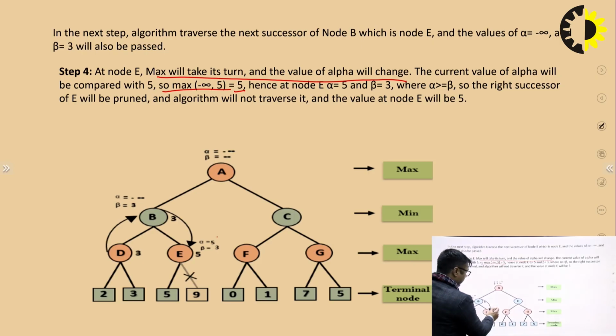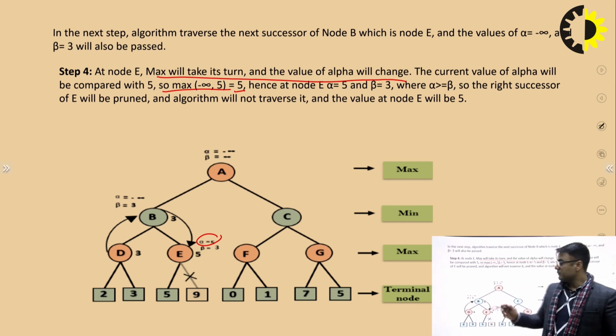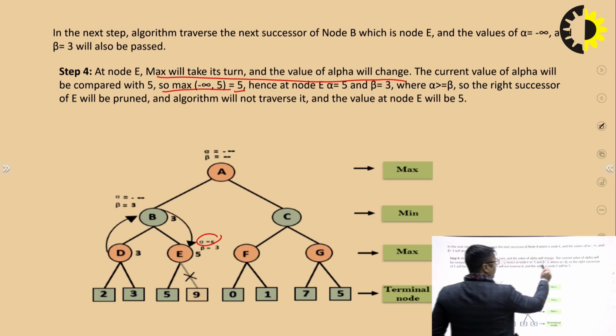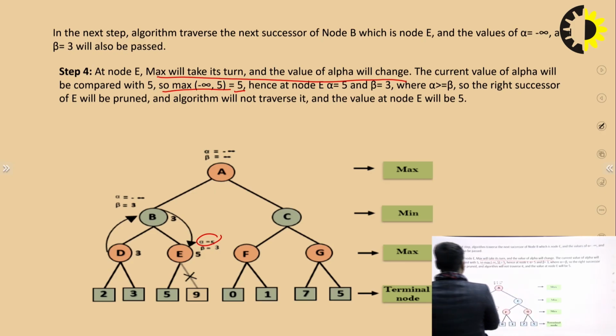Again, at node E alpha is 5, and that value is passed on as the E value. Beta is already considered as 3, where alpha is greater than or equal to beta. If alpha is greater than or equal to beta, the right successor of E will be pruned.